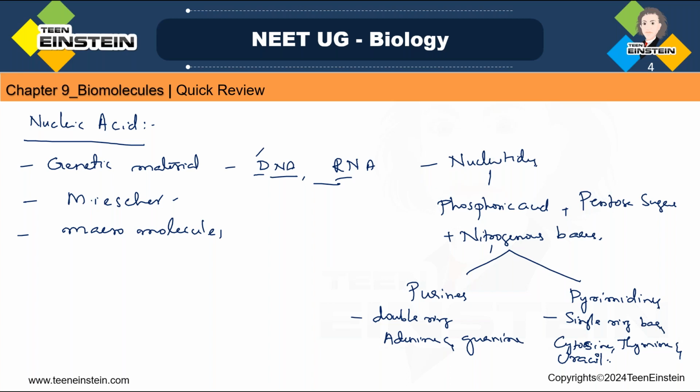Okay, so purines and pyrimidines. Purines are double ring bases, and the two purines are adenine and guanine, A and G. We mention adenine with the letter A and guanine with G. Then pyrimidines, single ring bases, include cytosine, thymine, and uracil.